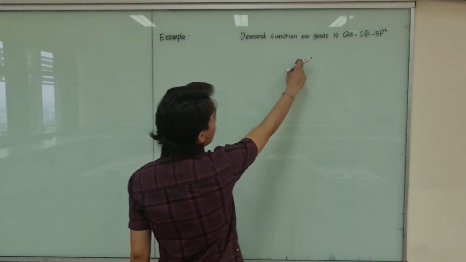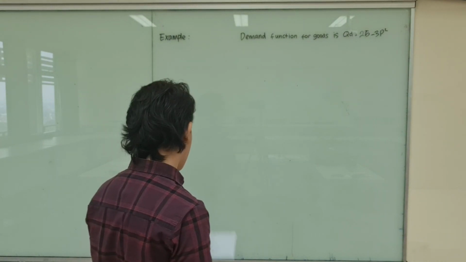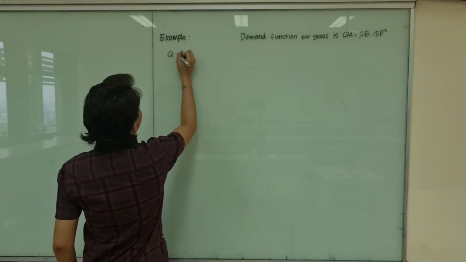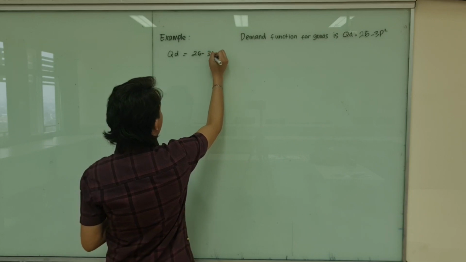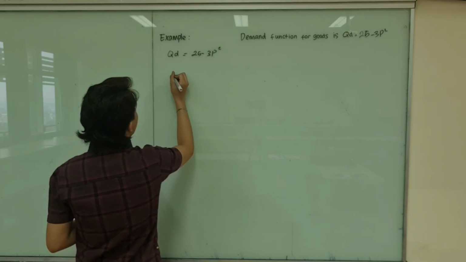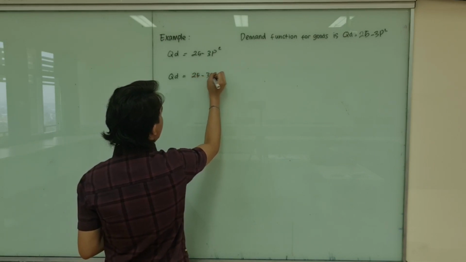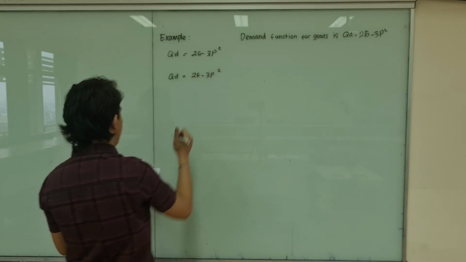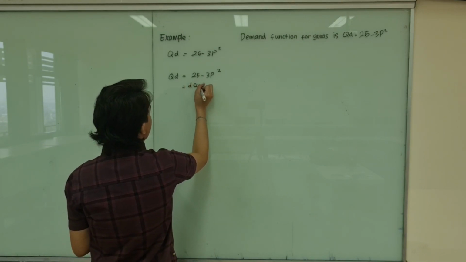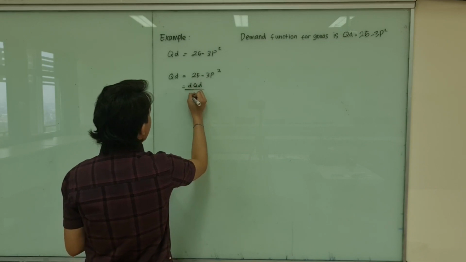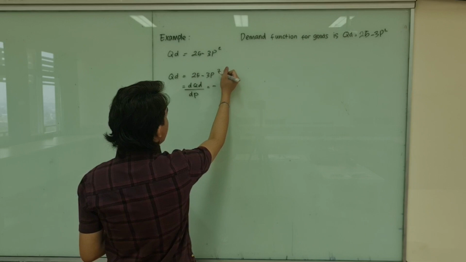Now let's move on to the next example. The demand function for good is QD equals 25 minus 3P squared. And then right here, QD is 25 minus 3P squared. The derivative of demand with respect to price is minus 2 times 3, which is minus 6P.